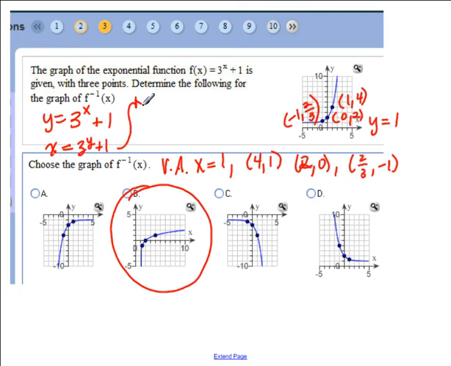And then I could subtract 1: x minus 1 equals 3 to the y, and therefore this is equivalent to log base 3 of x minus 1 equals y. Okay. So that is a shifting right 1 unit of that basic log function, which is also a reason that that works.